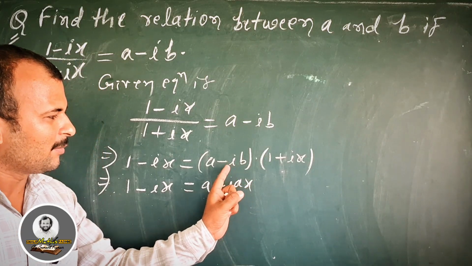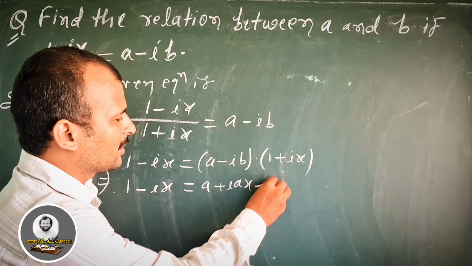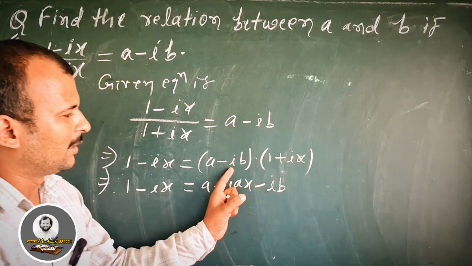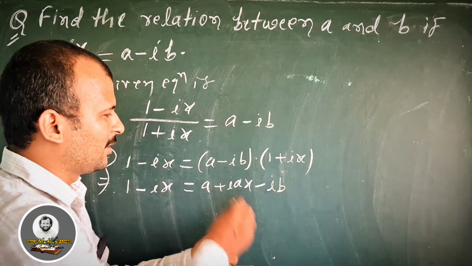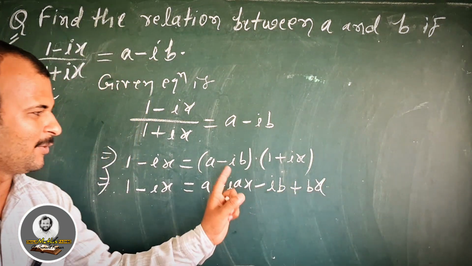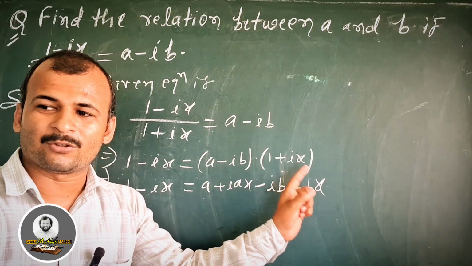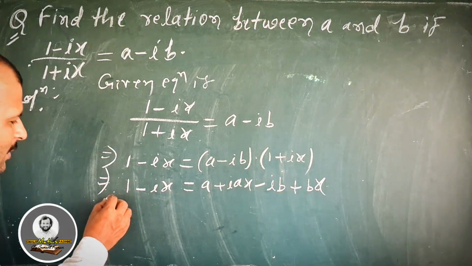If we multiply minus iota b by 1, we get minus iota b, and minus iota b times iota x gives plus bx. The reason is that iota square equals minus 1, so minus minus becomes plus.